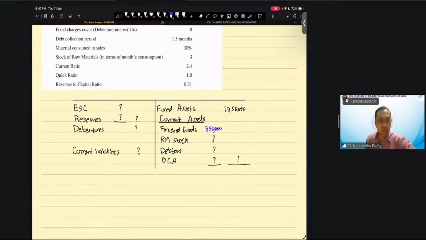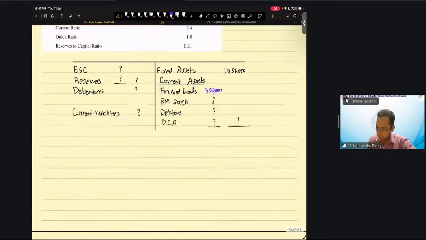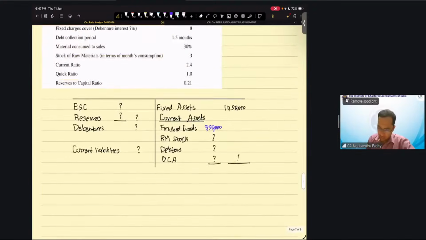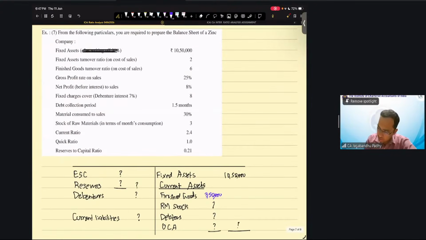Now, we have the cost of sales value, and we have the GP ratio on sales as 25%. So of course, we can get the value of sales also.